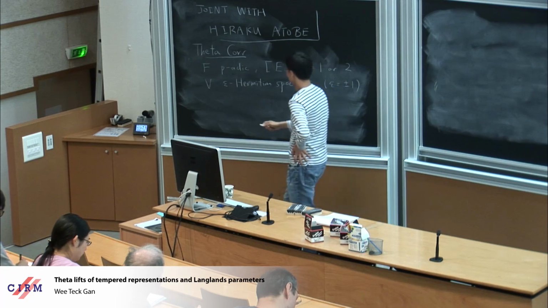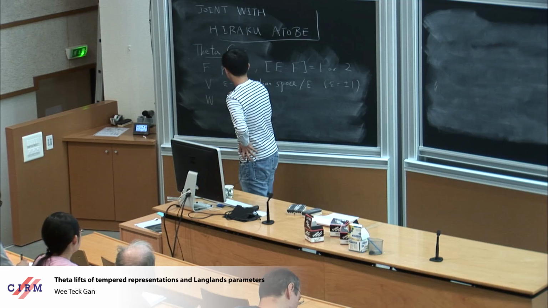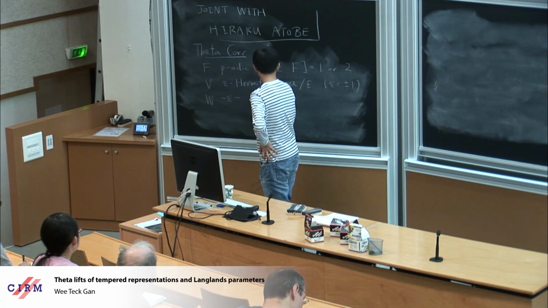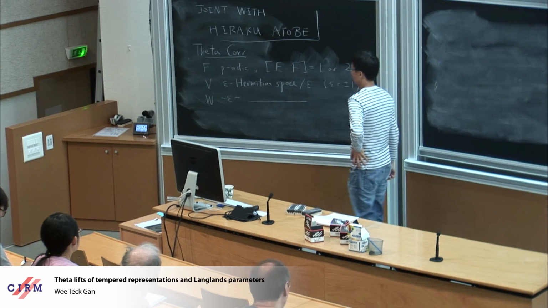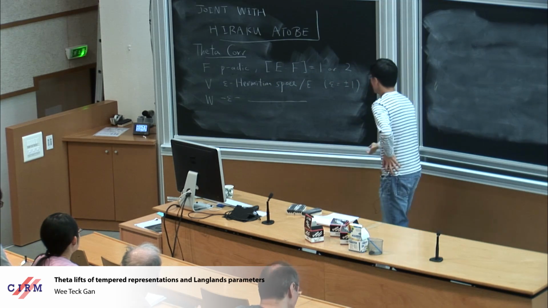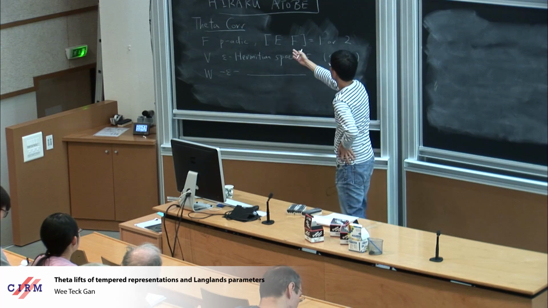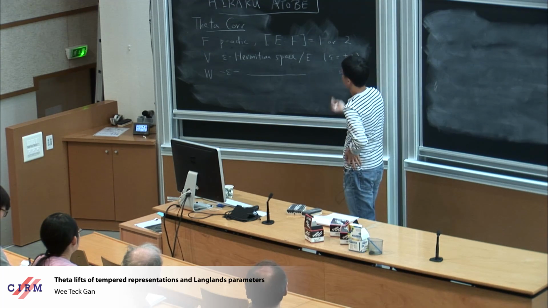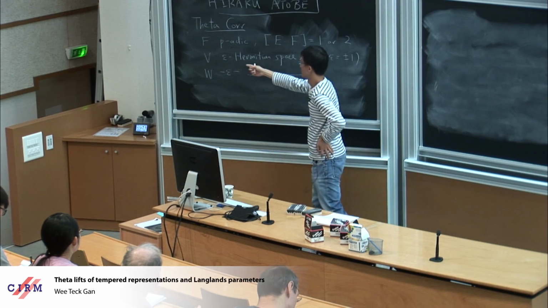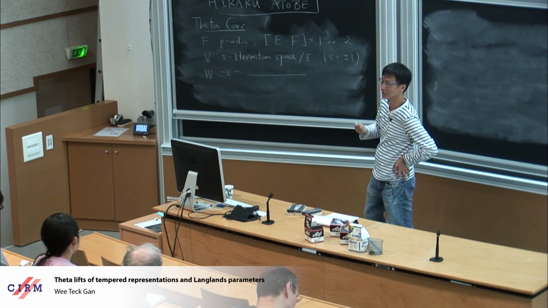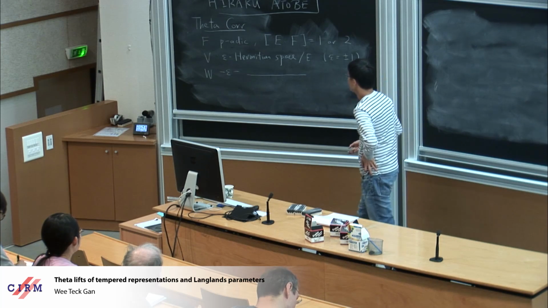And let me take W to be an analogous space, but with the opposite sign, so a minus epsilon Hermitian space. So for example, when E is equal to F and I take epsilon equal to 1, then V is a quadratic space, and W is a symplectic space.